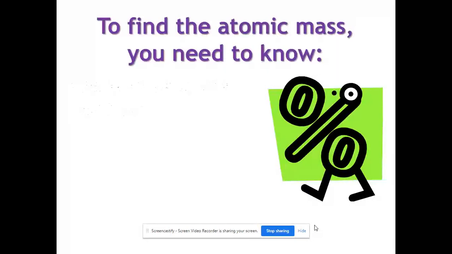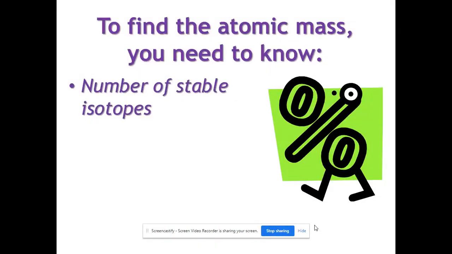To find the atomic mass, you'll need to know the number of stable isotopes, which can vary anywhere from 2 to 3 to 4 to maybe even 5. The word stable is the key word there.